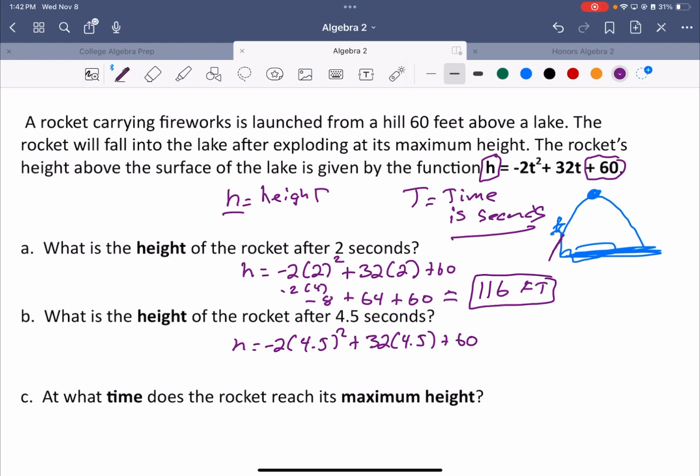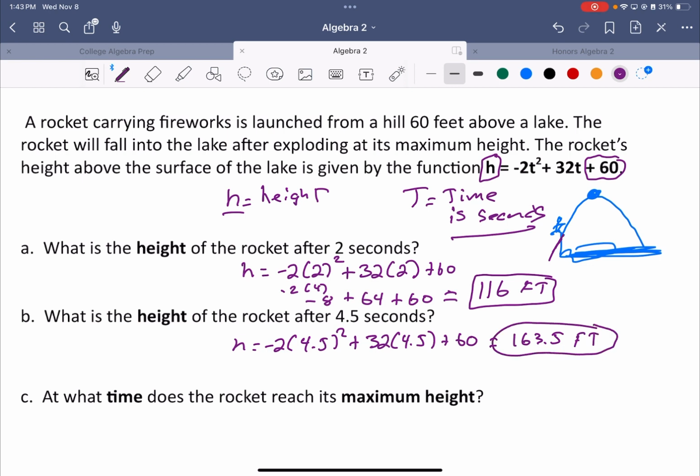That's where we break out the trusted dusty calculator. So negative 2 times 4.5 squared plus 32 times 4.5 plus 60. 163.5? Okay. So that's 163.5 feet.